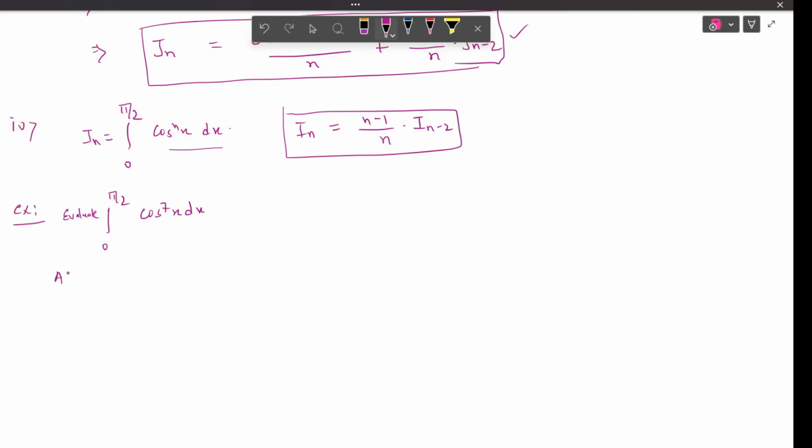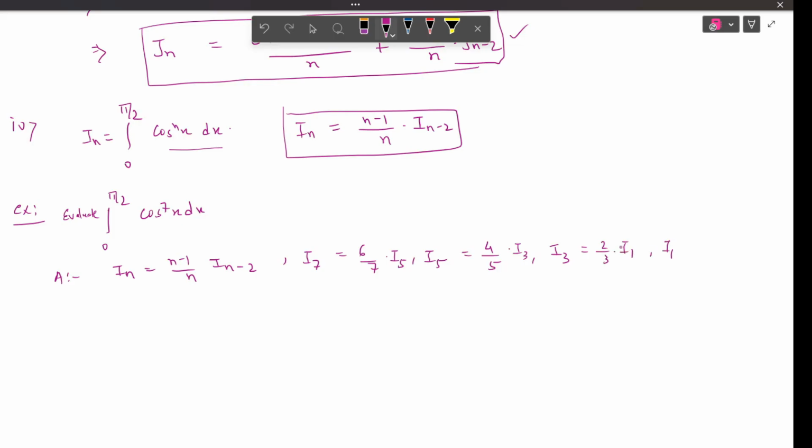So In is n minus 1 by n into I n minus 2. So we need 7. So what would be I7? I7 would be 7 minus 1, that is 6 by 7 into I5. What would be I5? I5 would be 4 by 5 into I3. What would be I3? I3 would be 2 by 3 into I1.